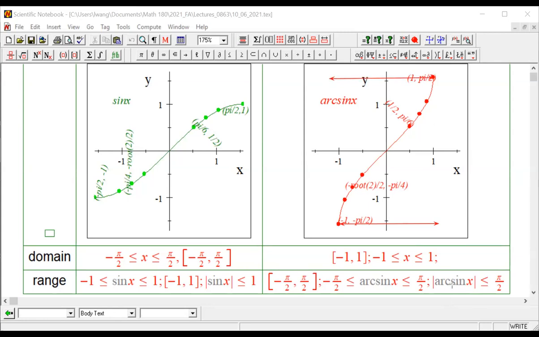The vertical span is between -pi over 2 to pi over 2.